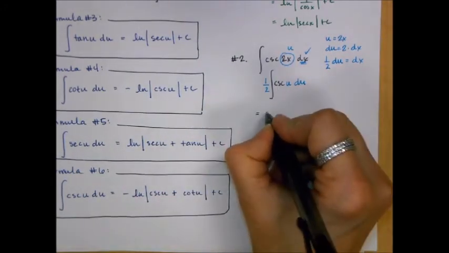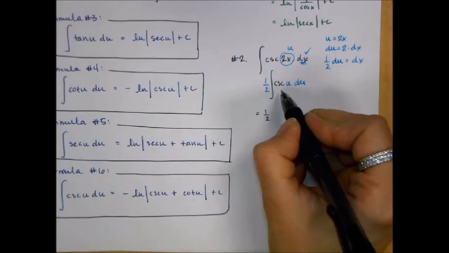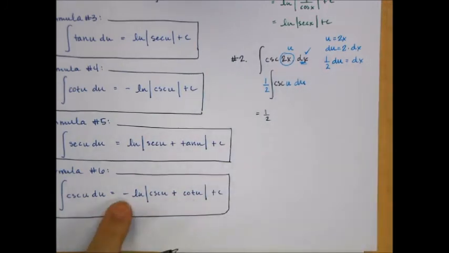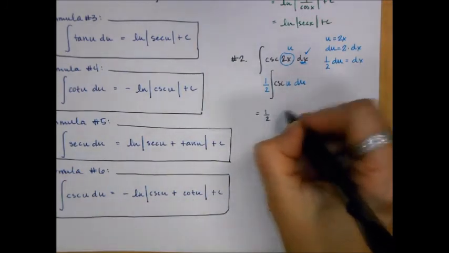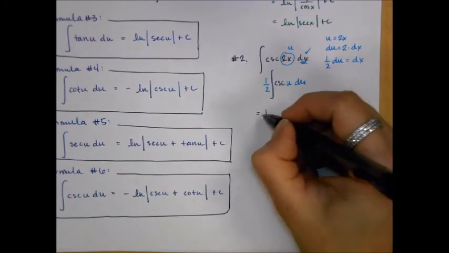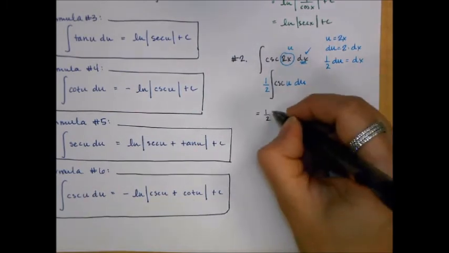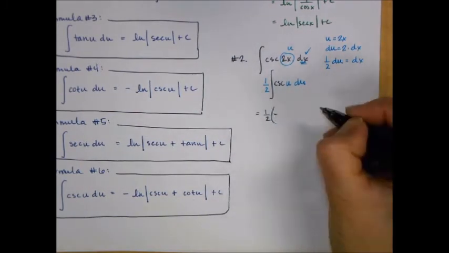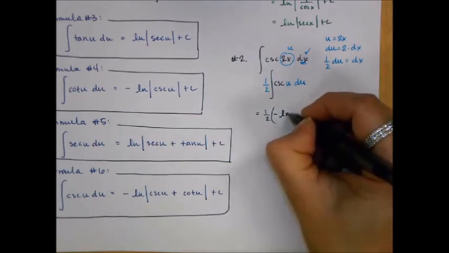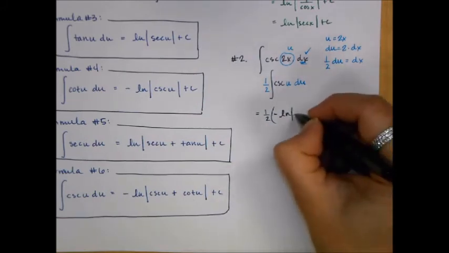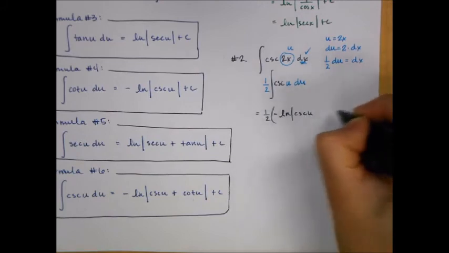In integrating cosecant, we end up with a negative natural log. So I'm going to be really careful here. I either need room to throw that negative in front, or I need to show multiplication with parentheses. Negative natural log, absolute value of cosecant u plus cotangent u plus c.